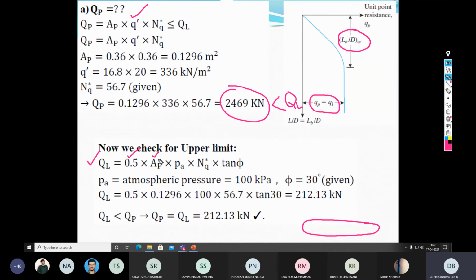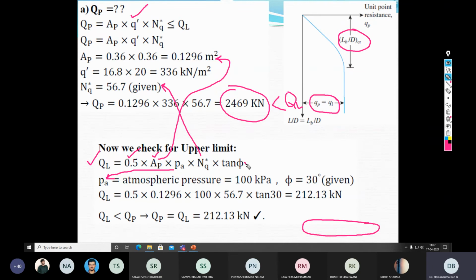AP we have already calculated, that is 0.36 multiplied by 0.36, 0.1296. PA is atmospheric pressure, a constant, 100 kilopascals. And NQ star we have already picked up, corresponding to an angle of internal friction of 30 degree, that is 56.7.